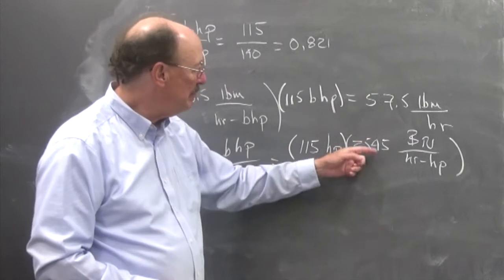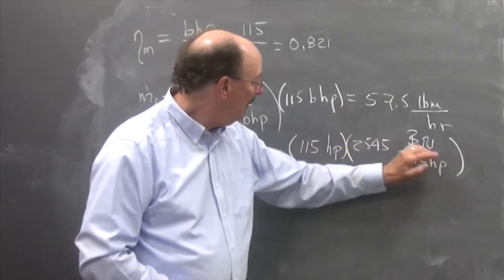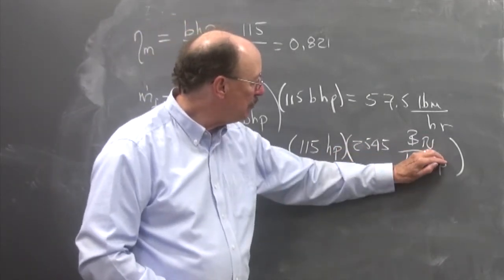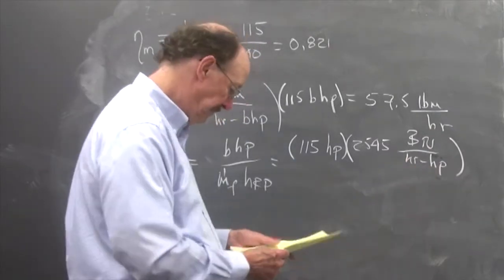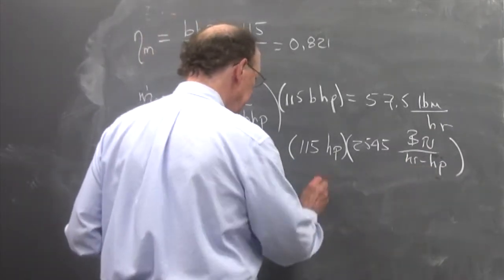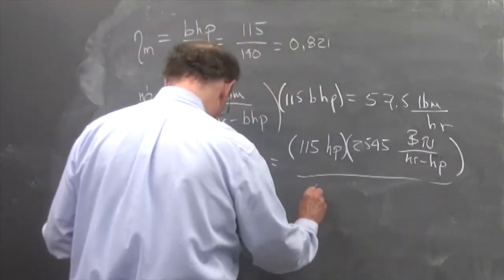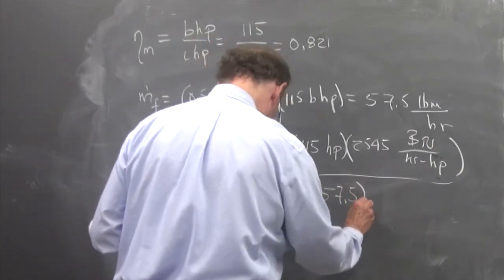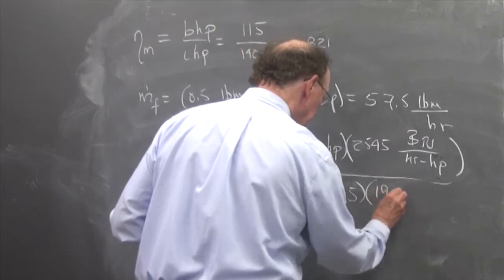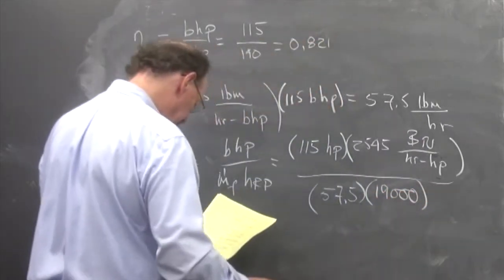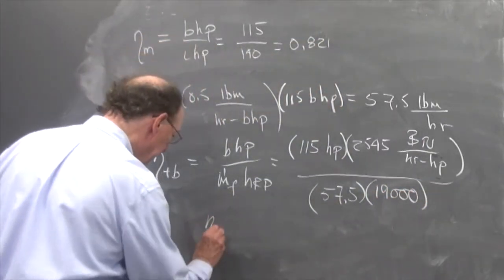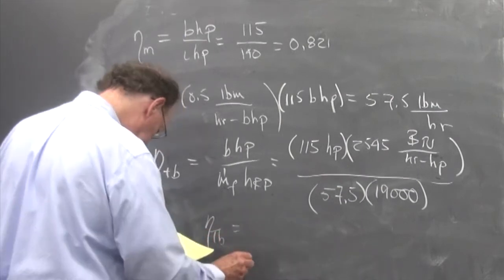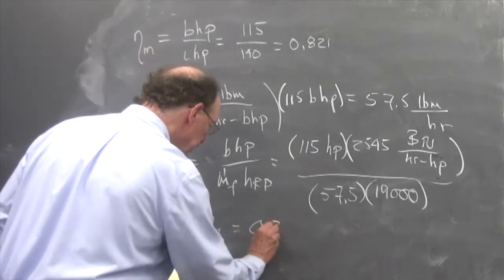So then I need the brake power in BTUs per hour, and there are 2545 BTUs per hour per horsepower. And then I know the mass flow rate, which is 57.5 times 19,000. So I have BTUs per hour above and below, and the brake thermal efficiency is equal to 0.267.